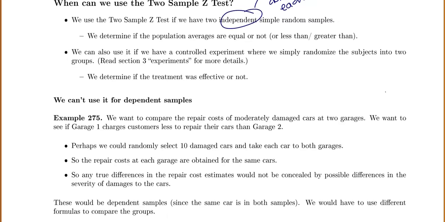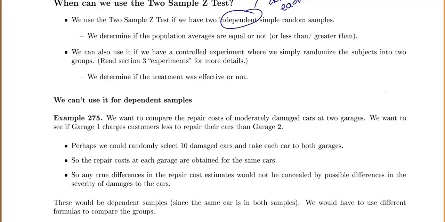So here are some examples of dependent samples. So for example, let's say we want to compare the repair costs of moderately damaged cars at two different garages. And we want to see if garage 1 charges customers less to repair their cars than garage 2 does. Well, we could perhaps randomly select 10 damaged cars and take each car to both garages. And if we did that, the repair costs at each garage are obtained for the same cars.